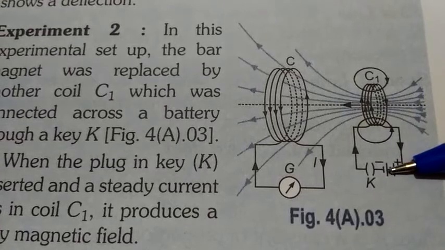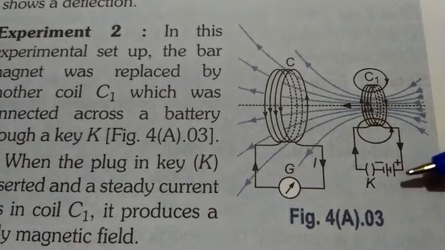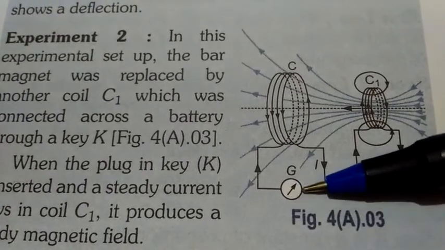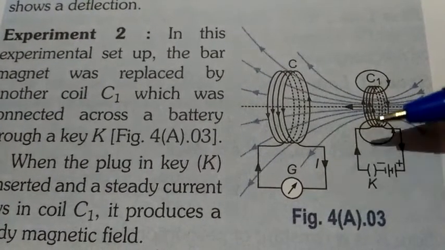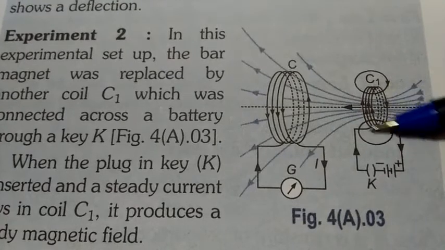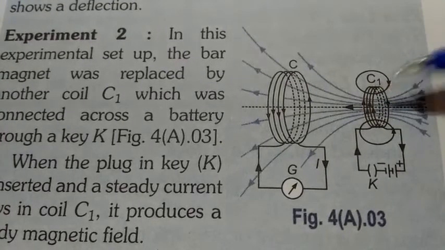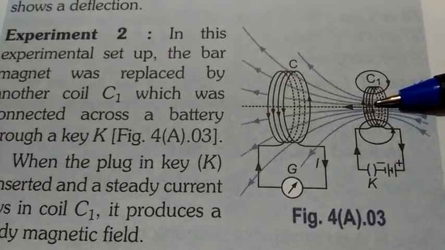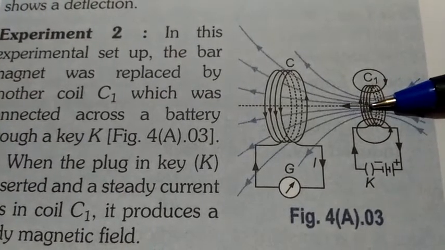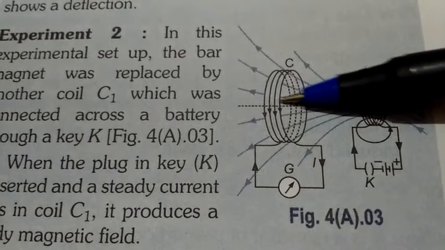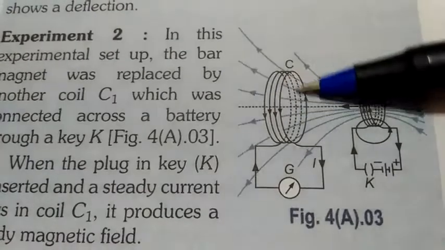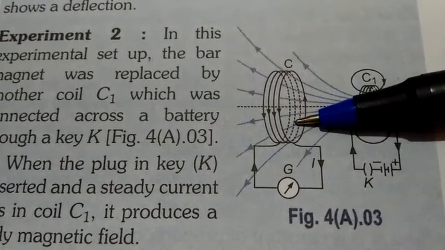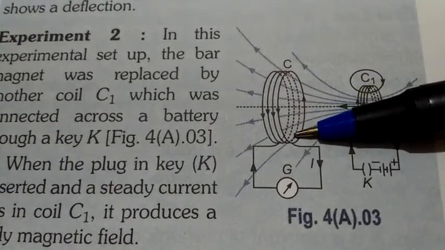But as we start varying the current, as we start increasing the amount of current, the galvanometer shows deflection. That means when there is a change in current, the magnetic field associated with this coil C1 also changes, and if there is a change in magnetic field, obviously there will be a change in the magnetic flux linked with this coil, and that's why in this coil the current appears, which we call induced current.